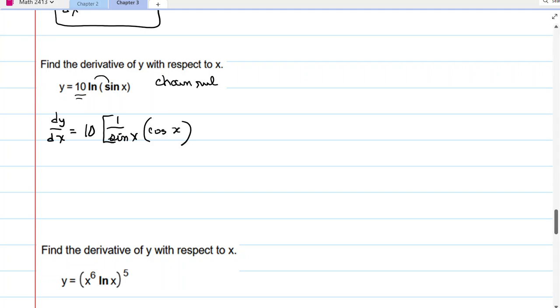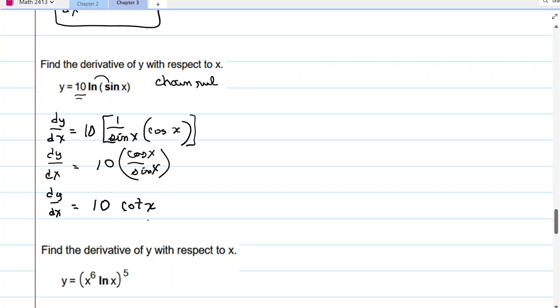Is everybody comfortable with that? All right. So when I do the math on this guy, I'm going to have dy/dx as 10 cosine x over sine x. Well, that gives me cotangent x. Always be good about knowing what that is, which is a lot easier to work with as you go further in calculus.